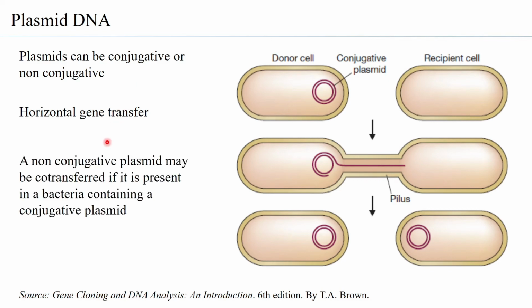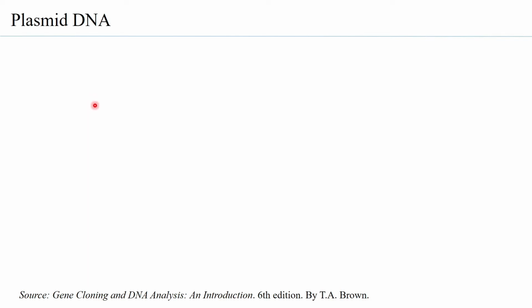However, if the non-conjugative plasmid is present with a conjugative plasmid, then along with the conjugative plasmid, the non-conjugative plasmid may be co-transferred. So that is a possibility. But what is essentially important to notice is that plasmids can be conjugative or they can be non-conjugative.